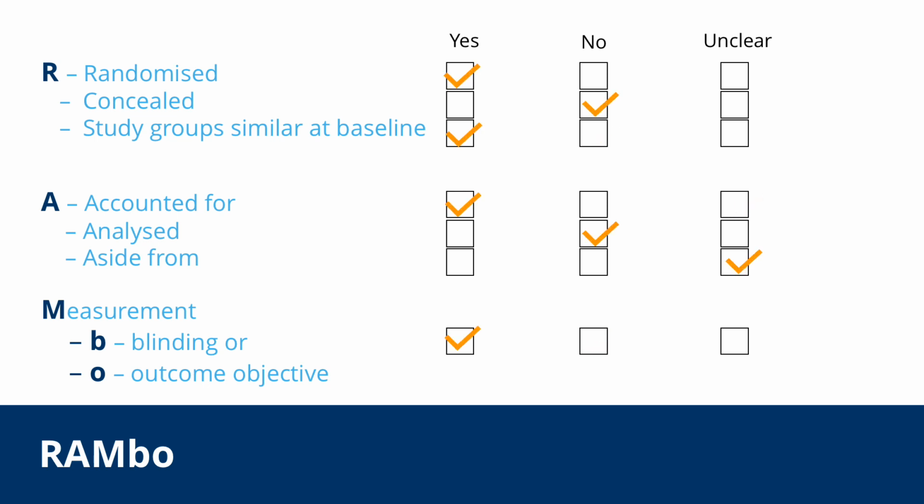Often, however, you will have answered no or unclear to some of the RAMbo items. When this is the case, it's helpful to consider if any of these are fatal flaws. That's a significant error in the research design that invalidates the findings to a point where you don't think the trial results are credible or usable. It may also be helpful to think how the bias may be impacting the results of the trial. Is it likely to exaggerate or underestimate the true effect of the intervention?